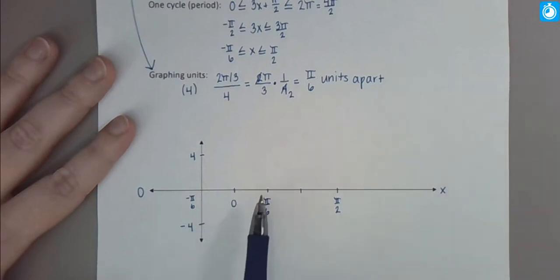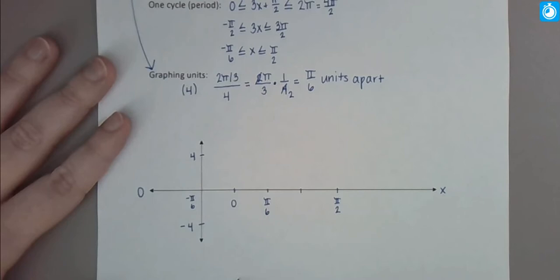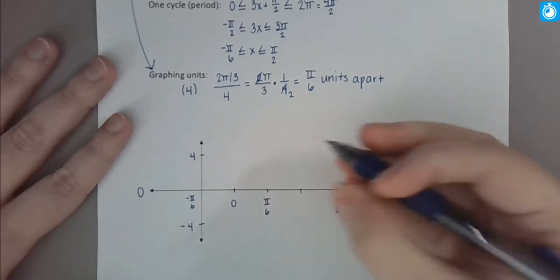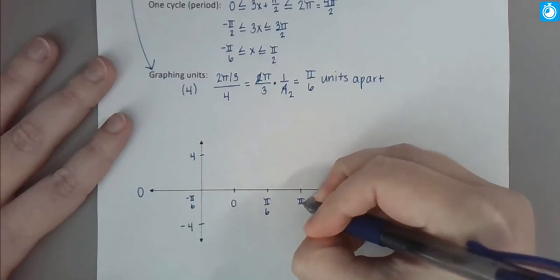Now this might be the moment where you would need to write something down, but let's see if we can do this mentally as well. All we're doing is taking pi over 6 and adding on another pi over 6. So think of it as pi over 6, and then we add on another and we get to 2 pi over 6. So negative pi over 6, 0 pi over 6, 1 pi over 6, 2 pi over 6, which would reduce to pi over 3.